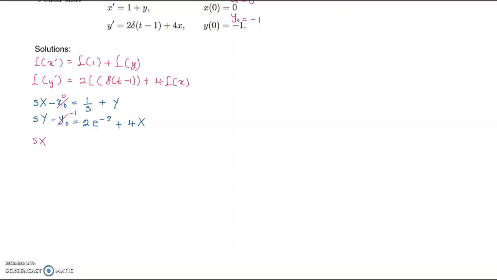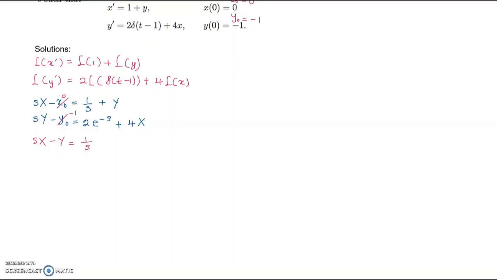Okay, so now we put all the terms with x and y to be at the left. So we have sX minus Y equals 1 over s.